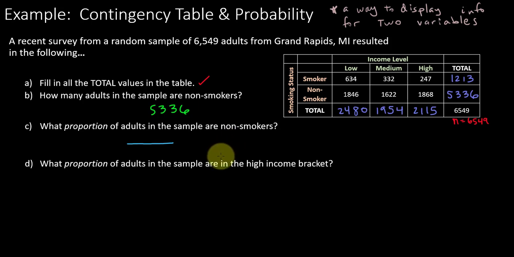Another way to think about the proportion here could be as relative frequency, where we would count up how frequently a non-smoker was observed. Well, 5,336 out of the total 6,549. And I spelled frequency wrong because I got my brain and my hand mixed up, but that's okay.